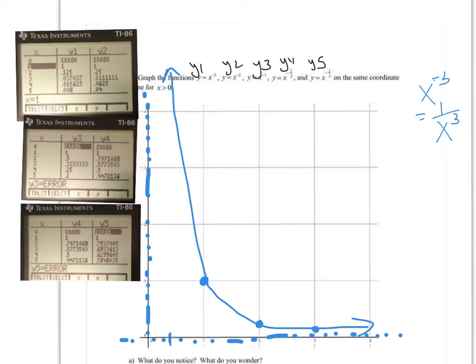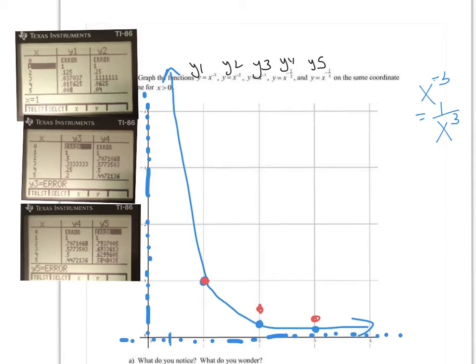Okay, so now let's do x to the -2. That's my y2. Again, we go through (1, 1). And then 0.25, which is bigger than the 0.125, so we'll go there. Then 0.11, so these y values are higher than the y values in y1, and if we do 0.5 to the -2, we get 4.